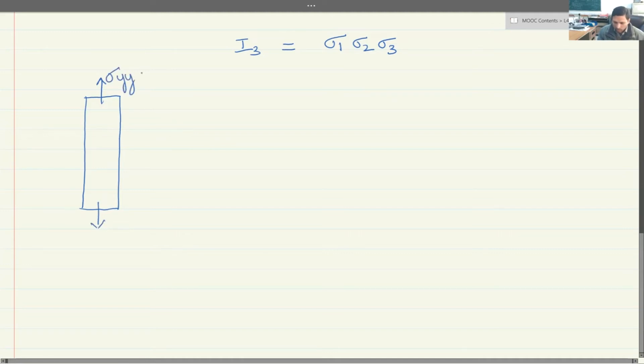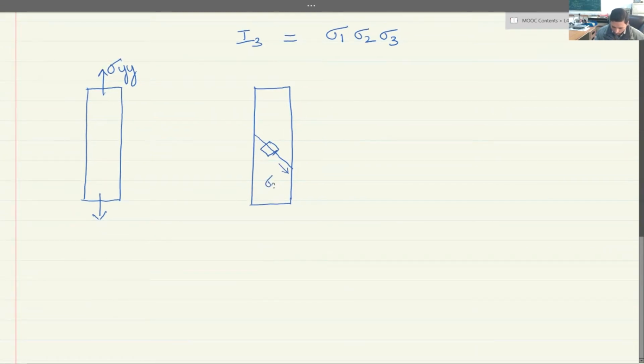So this is one condition. The other condition is where we had the oblique plane. So the element can be assumed to be something like this in this case, and this becomes sigma x prime, and this should be sigma y prime.